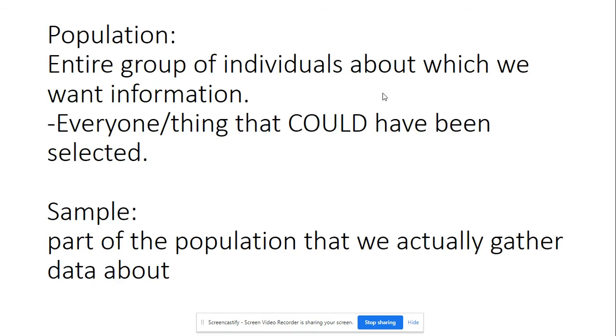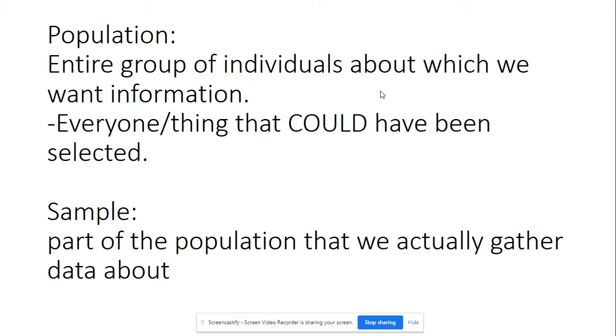All right, population. Difference between population and sample, the big group, the small group, essentially what you guys think of it. Your population, though, is everyone that we want information about. You go ahead and write that on the side of population.